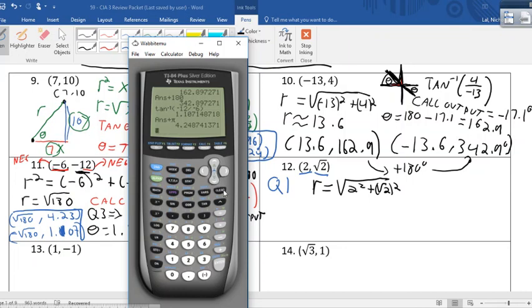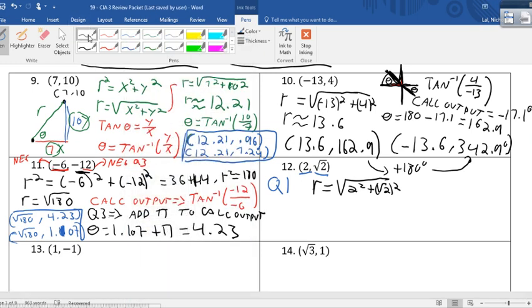So 2 squared is 4, and root 2 squared is 2. So we're taking the square root of 6, really, which is going to be 2.44. So r is equal to 2.44.